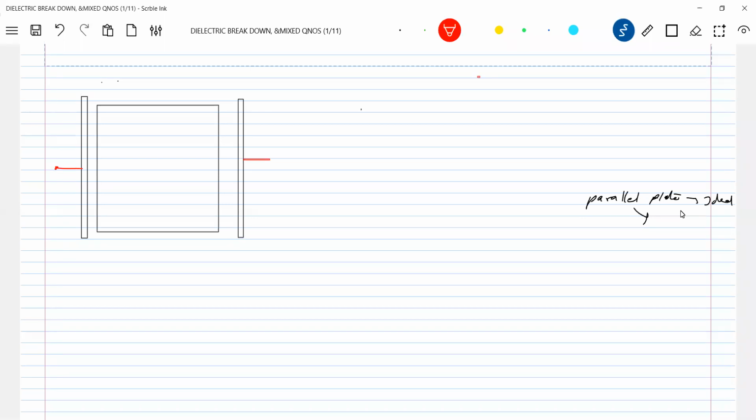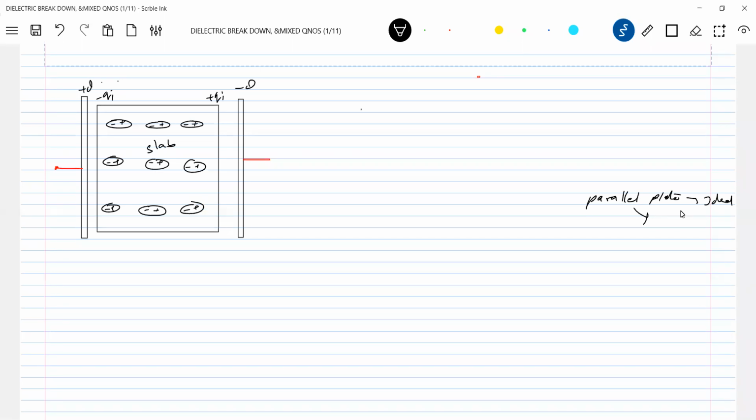What is actually inside it, I think we have already discussed. It consists of dipoles. Now if I put plus Q charge and minus Q charge, the dipoles will align in one specific direction, and because of that we'll get net induced charge, minus plus, minus plus. They may ask you simple diagram-based questions like this: if a dielectric slab is introduced between the plates, how do the dipoles align inside? So here we will get minus Qi, plus Qi, and this is the slab. Then I'll keep on increasing the charge on the capacitor.